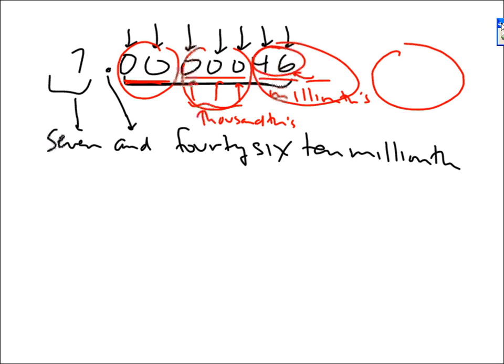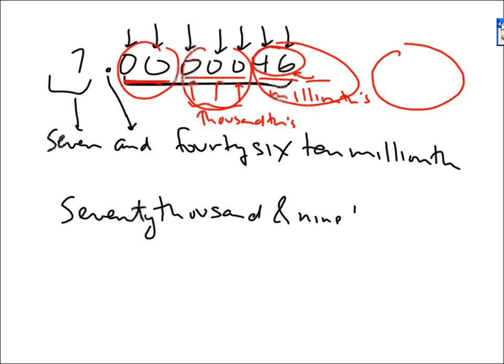Okay. Read and write. So, I'm going to give it to you in words and ask you to read it. 70,000 and 900 6 10 thousands.